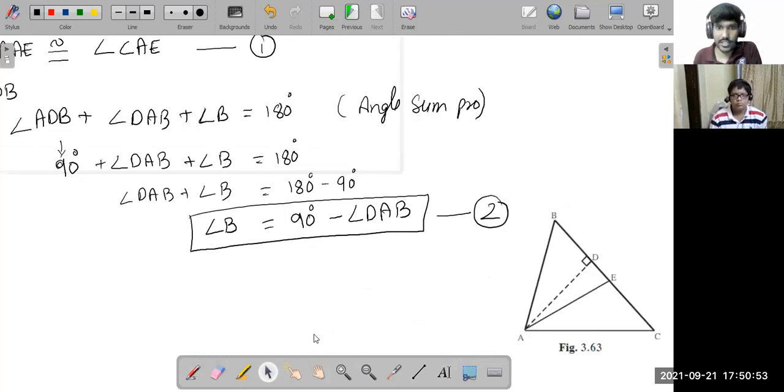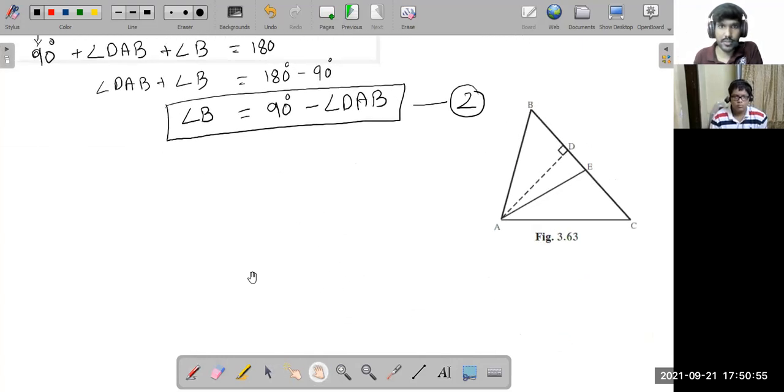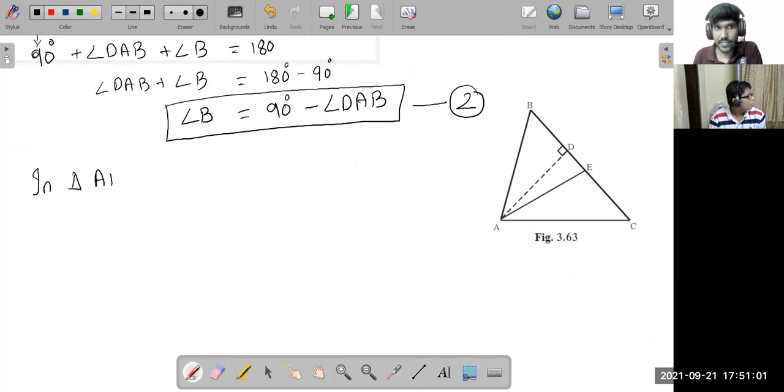Now we need the diagram again. From the diagram, look into triangle ADC. Okay, ADC is this one.